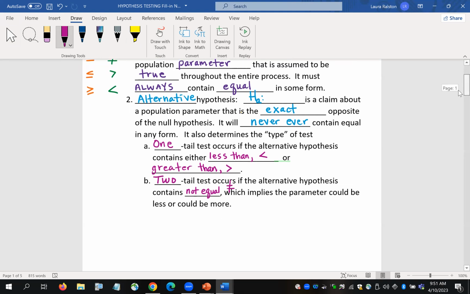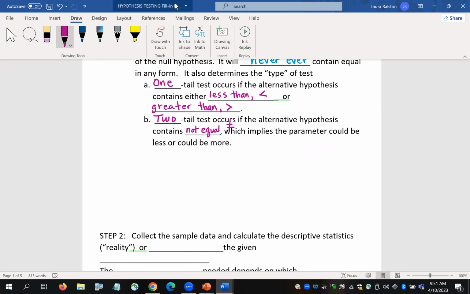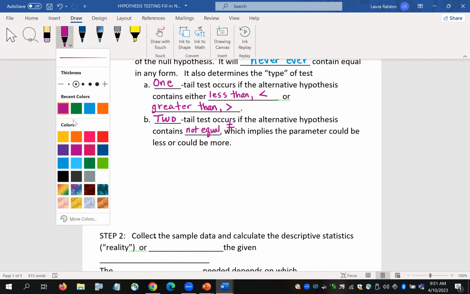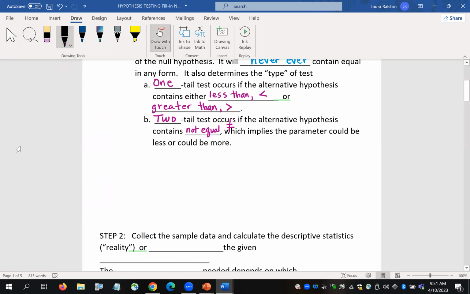All of the tests are based on a distribution. Primarily, the one we focus on most of the time is the normal distribution. So if our alternative hypothesis is that the mean is less than some number, which means our null would be that the mean is greater than or equal to some number, think about the distribution.